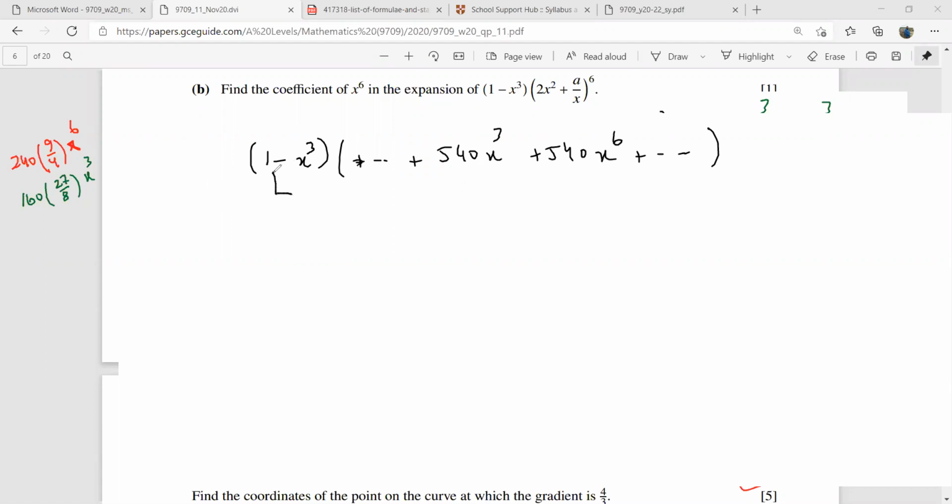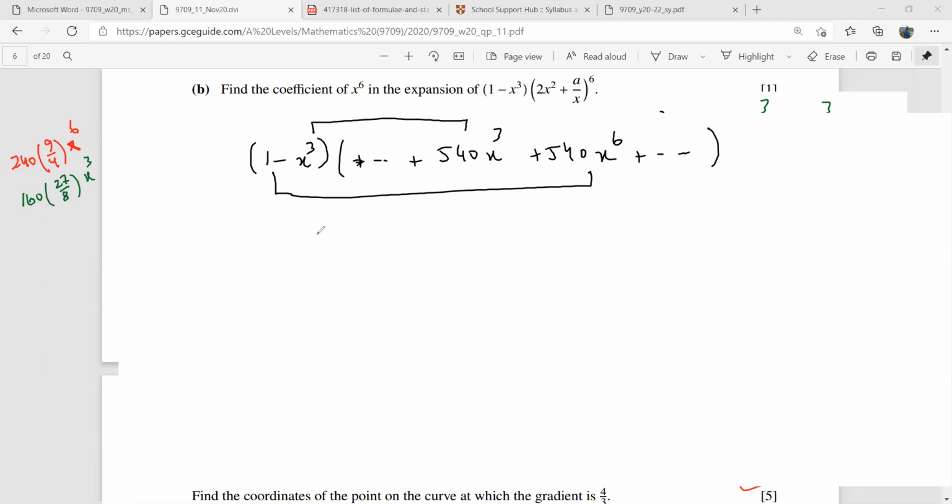So 1 into this will give me a term in x⁶, and x³ into this will give me a term in x⁶. So I believe I haven't made any mistake here.